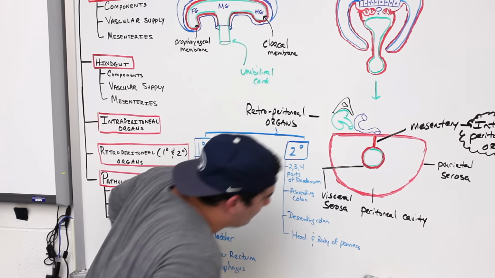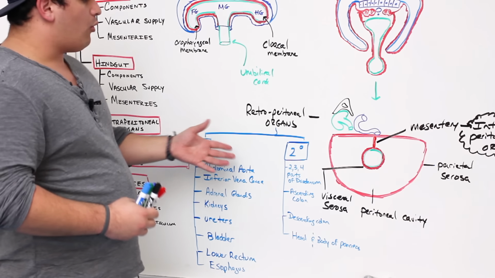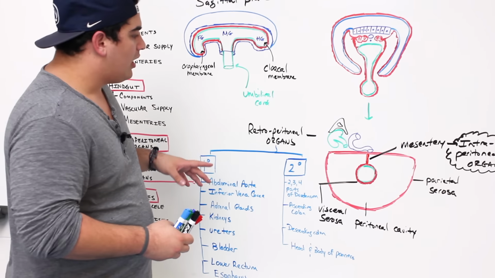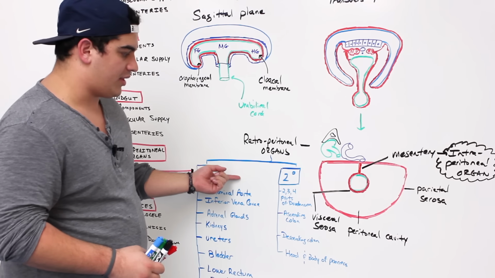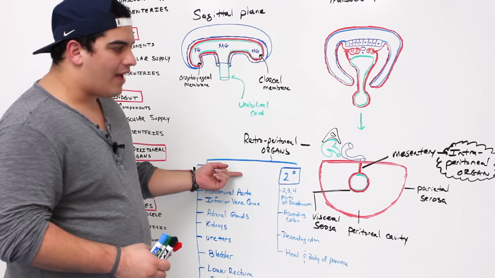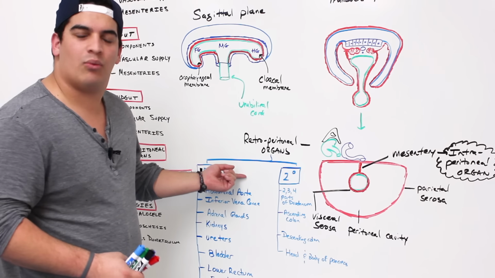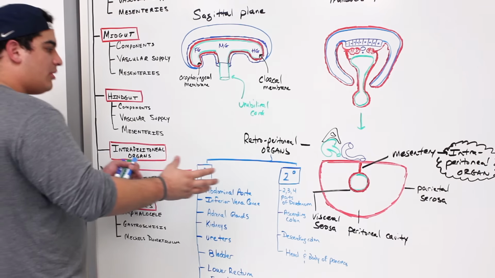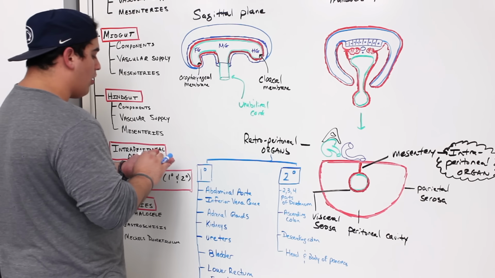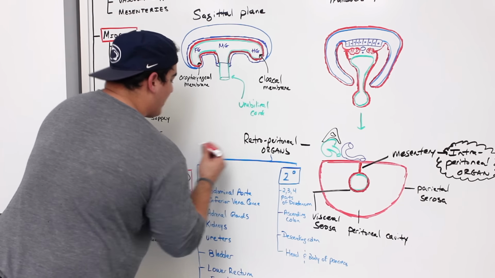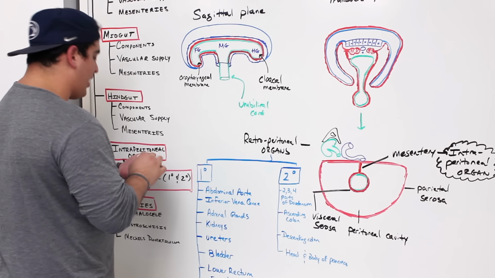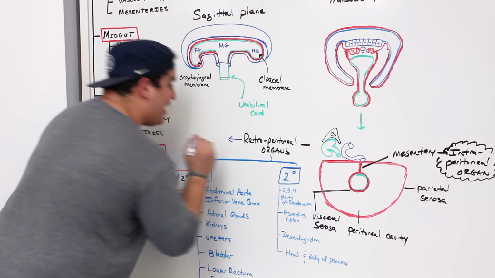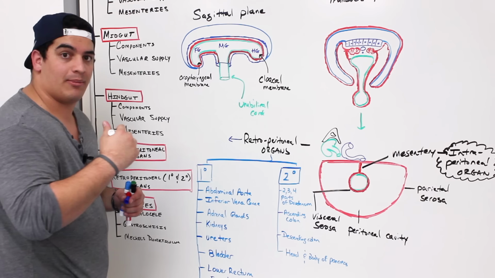Now, last thing I want to say before we move on is, if they don't have a visceral serosa, and they don't have a parietal serosa, then what do they have to anchor them to the posterior abdominal wall? Well, retroperitoneal organs have to have a specific connective tissue that anchors them to the posterior abdominal wall.